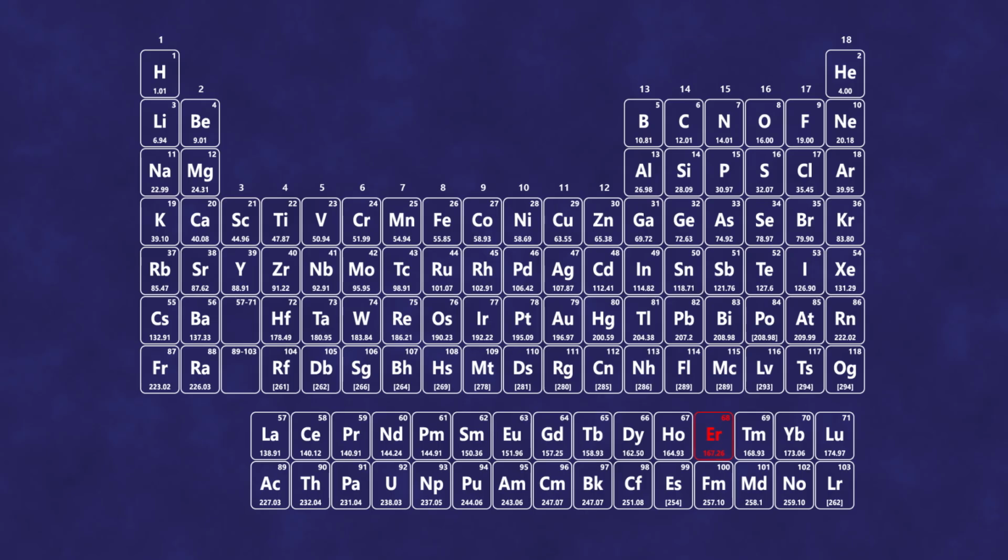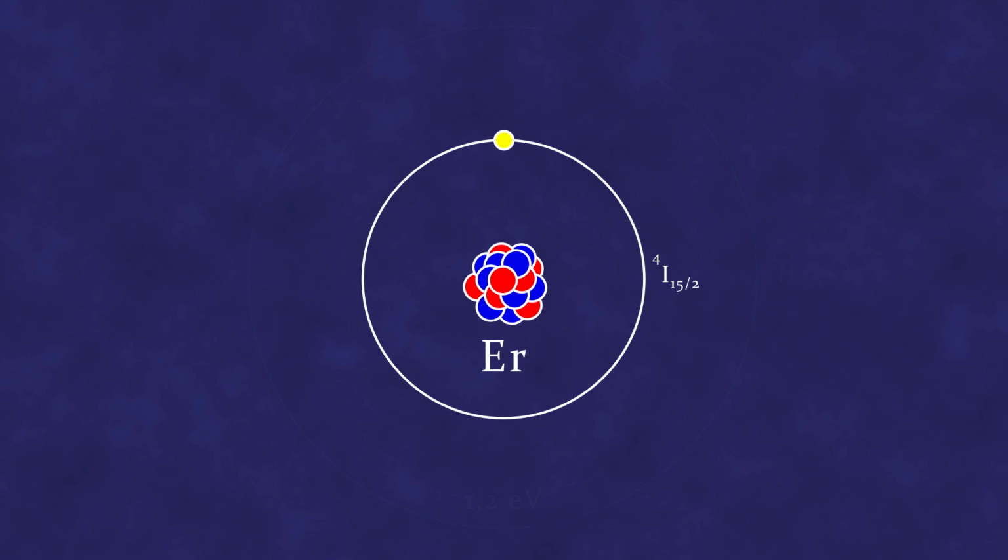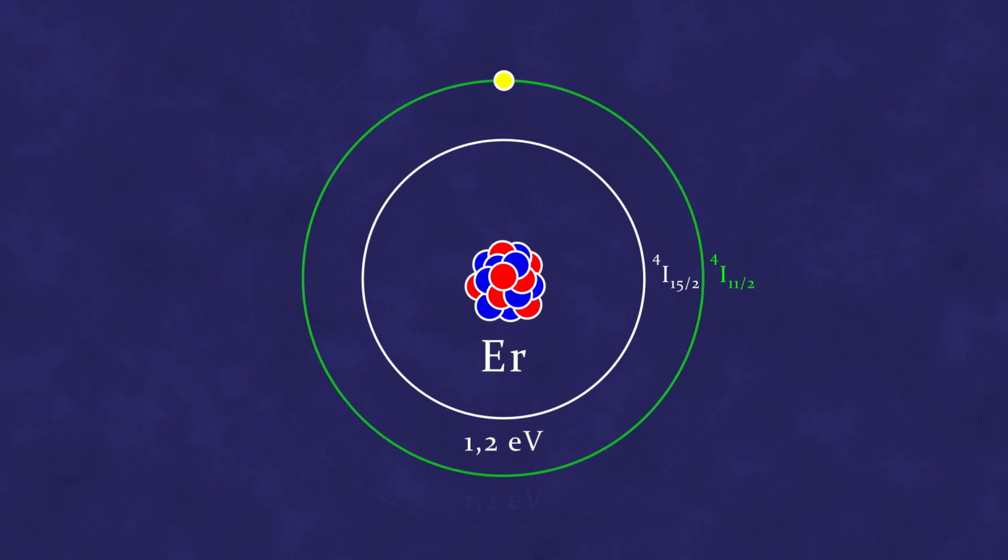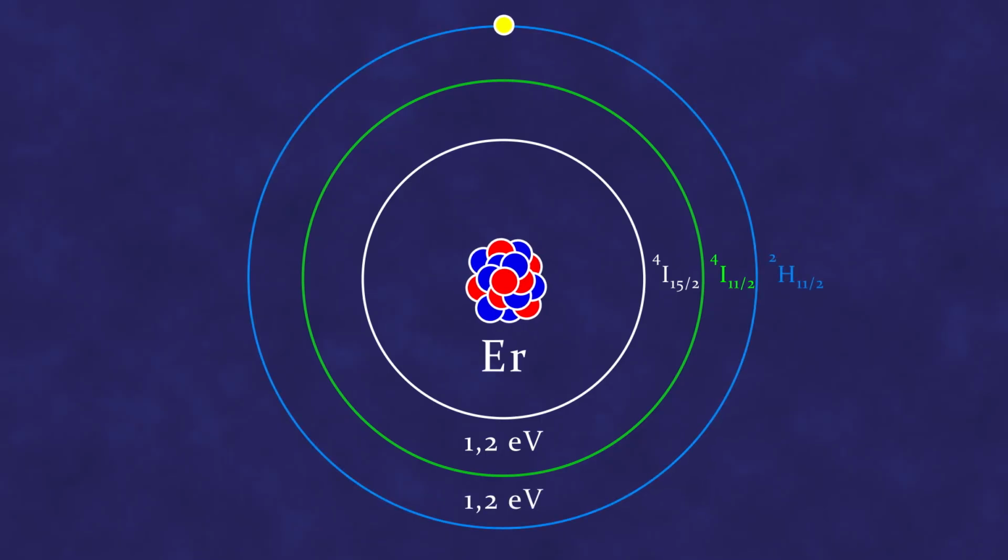Erbium has many energy levels and sublevels, among which there are ones useful for upconversion. For instance, transitions from the ground state to the state labeled 4I11/2, and from there to the state 2H11/2 are commonly used.